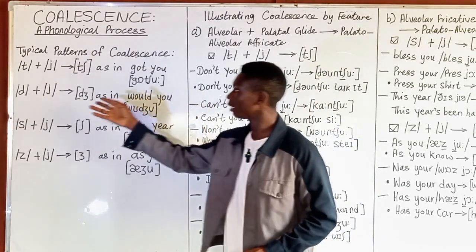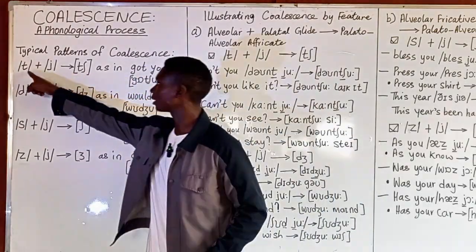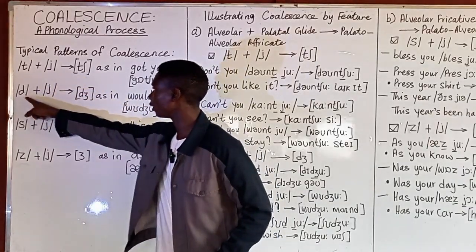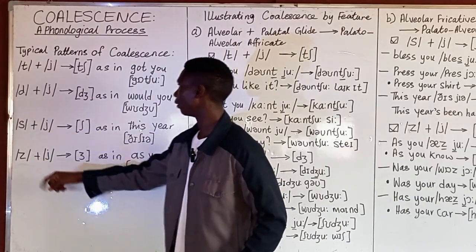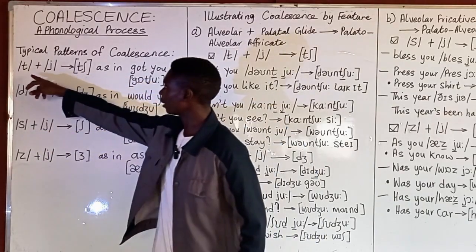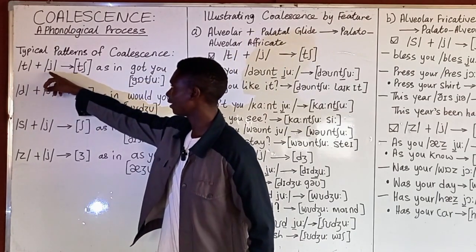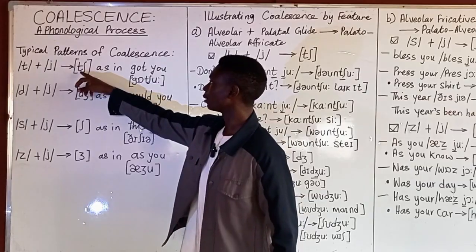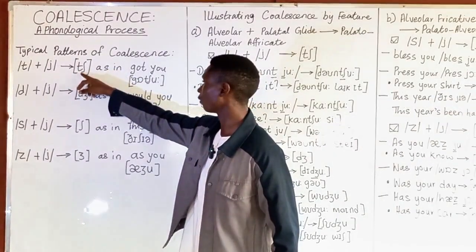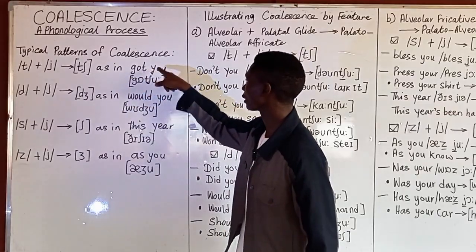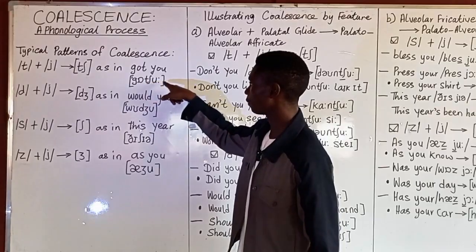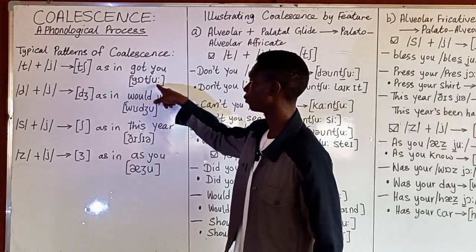Okay, a typical example is the combination of T and Y, D and Y, S and Y, Z and Y. Now, the combination of T plus Y will give us Ch, which is a palato-alveolar sound, as in "got you." In connected speech, you have "got you."